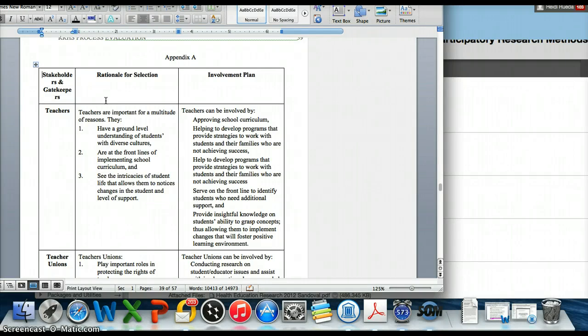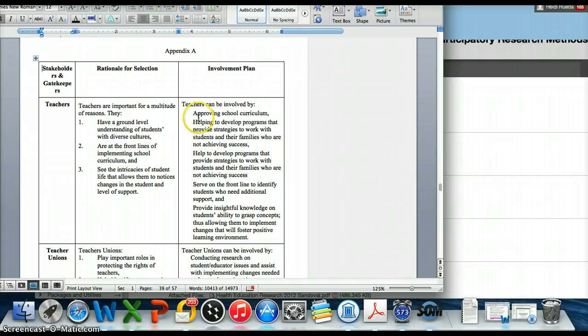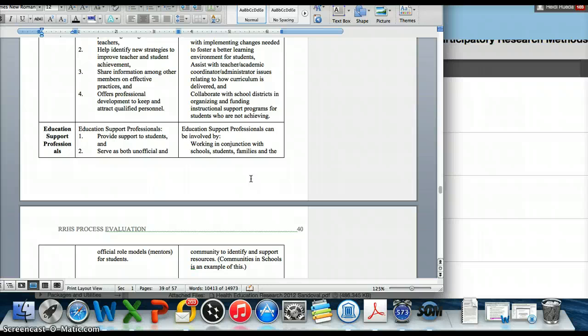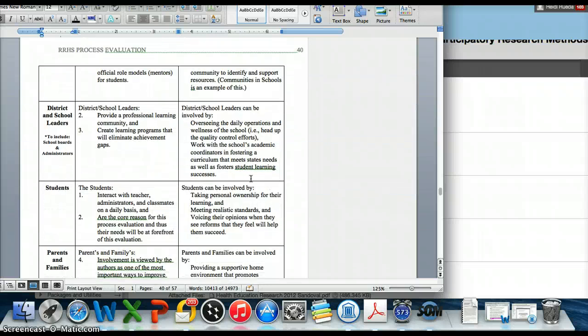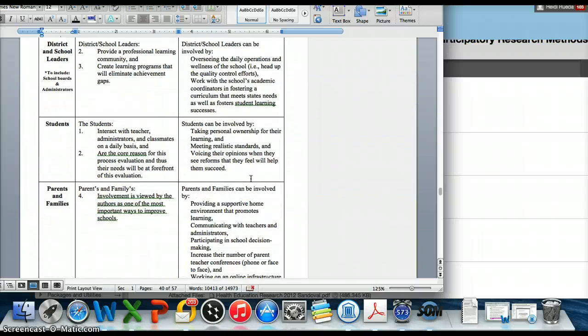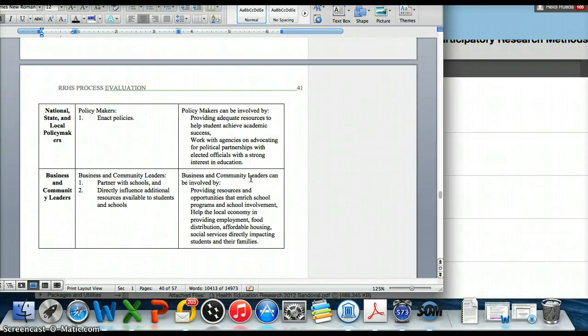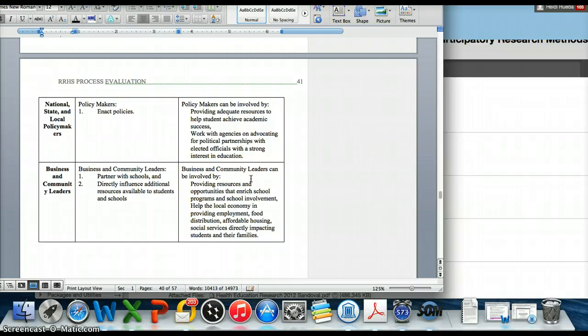So they're looking at evaluating a process evaluation of an after school or a Saturday school, and they're saying teachers can be involved by approving the school curriculum, helping to develop programs. So they kept theirs pretty broad, but they also looked at teacher unions, educational support professionals, district and school leaders, students, parents, and families. And then looked at the national, state, and local policymakers, business, and community leaders.